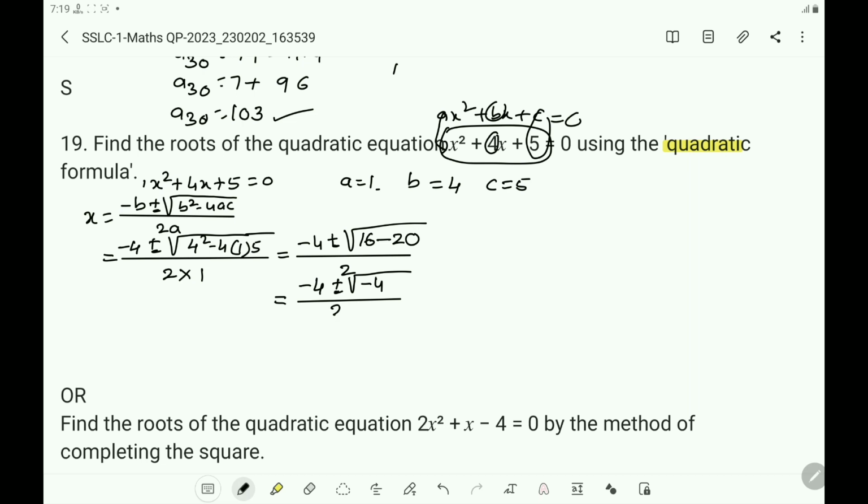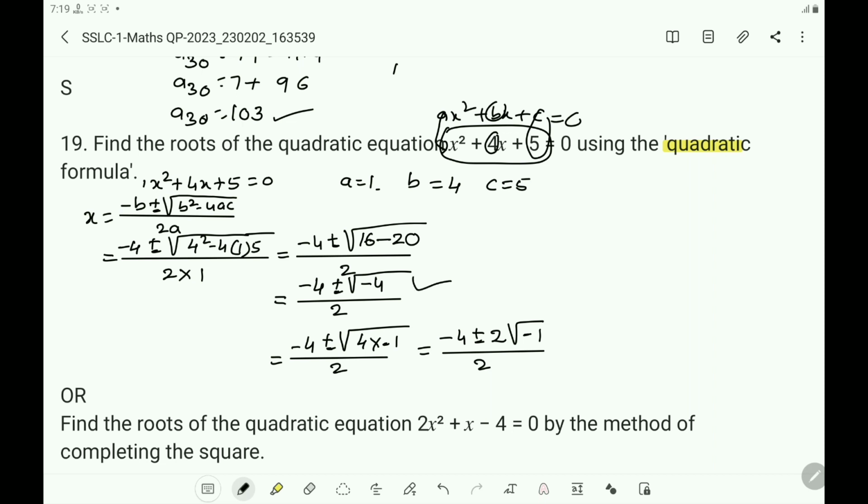Divided by 2, which is equals to minus 4, you write minus 4 only, plus or minus. This is 4 into minus 1 by 2, which is equals to minus 4 plus or minus 2 root minus 1 divided by 2.